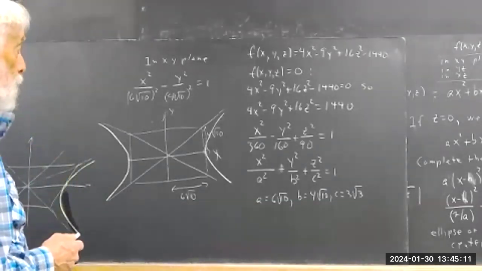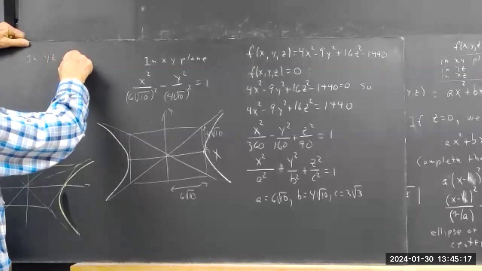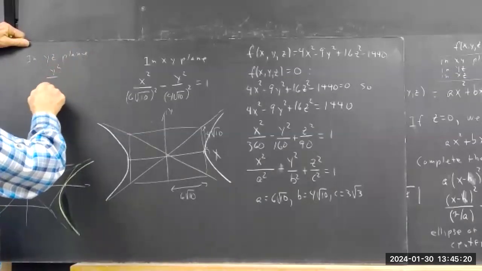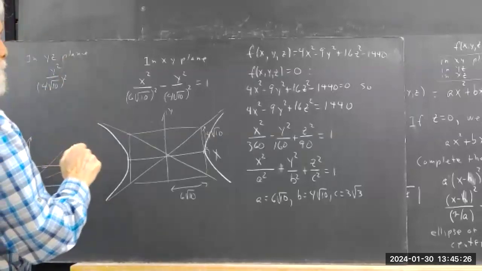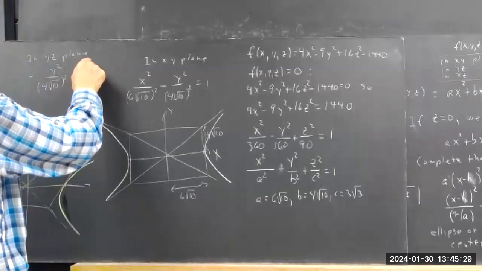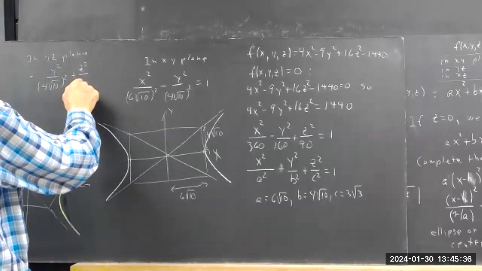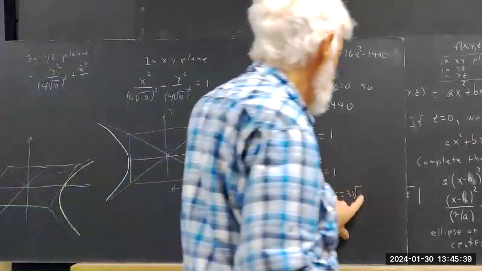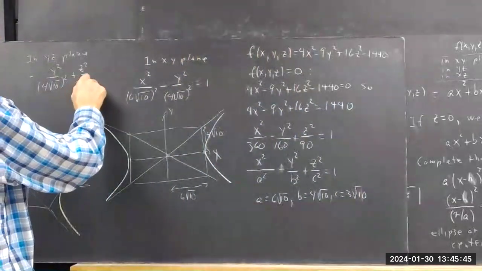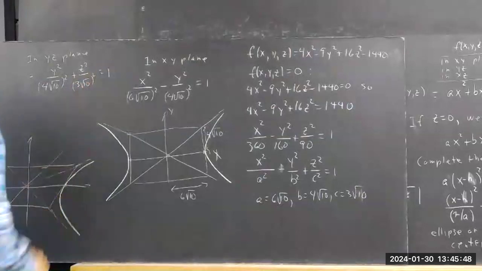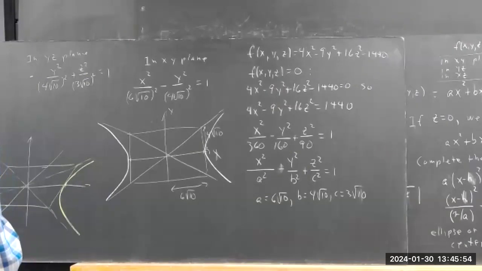Okay. In the YZ plane, you got y squared over 4 square root of 10 squared, that's negative, plus z squared over 3 square root of 10 squared. We'll do that one in blue.